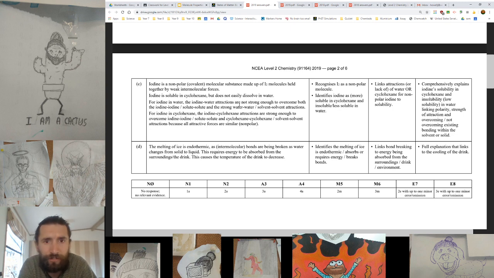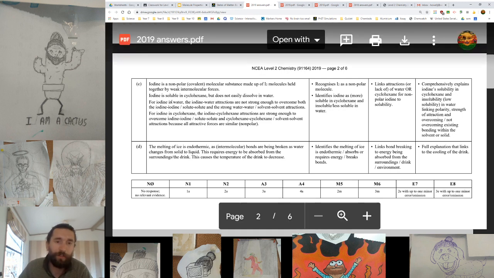Basically the positive bit in the water, which is the hydrogen, is attracted to the negative bit in a neighboring water. So water molecules are generally quite attracted to each other. This is why water's got really high surface tension. If you jump off a large cliff and fall on water, it'll feel like concrete, because the water molecules are quite attracted to each other. Water also has quite a high boiling point for a molecular substance. Same reason, they're really attracted to each other.